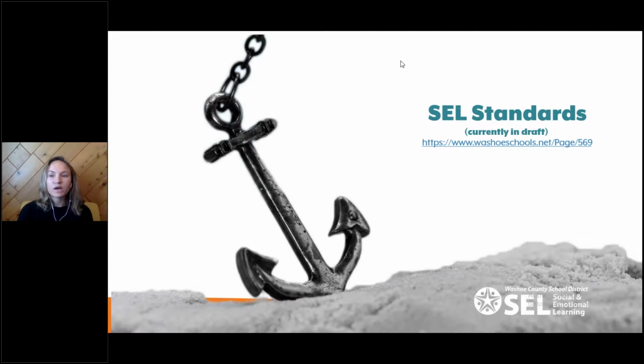And this is why we're working with partners such as our Equity and Diversity Department, the Offices of Accountability and Academics, Family School Partnerships, the Nevada Department of Education, and CASEL to revise the language of our standards. And we're looking really closely at the updated language from CASEL that Nick mentioned earlier as a part of this process. Next slide, please.